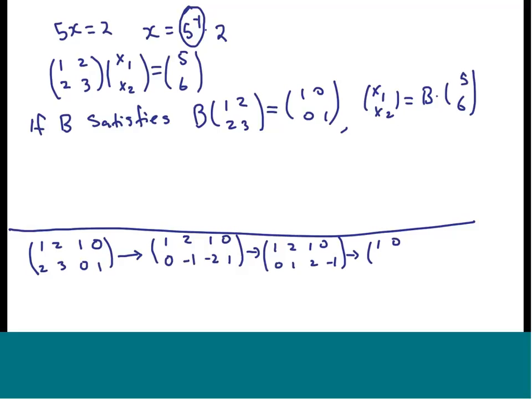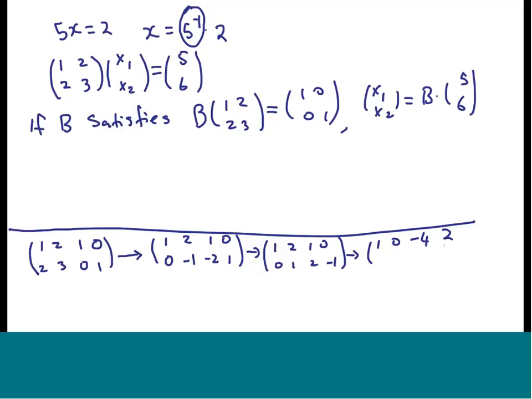-2? I did something wrong somewhere. Did I? Okay, -2 gives -4 here, then we get 2 here.